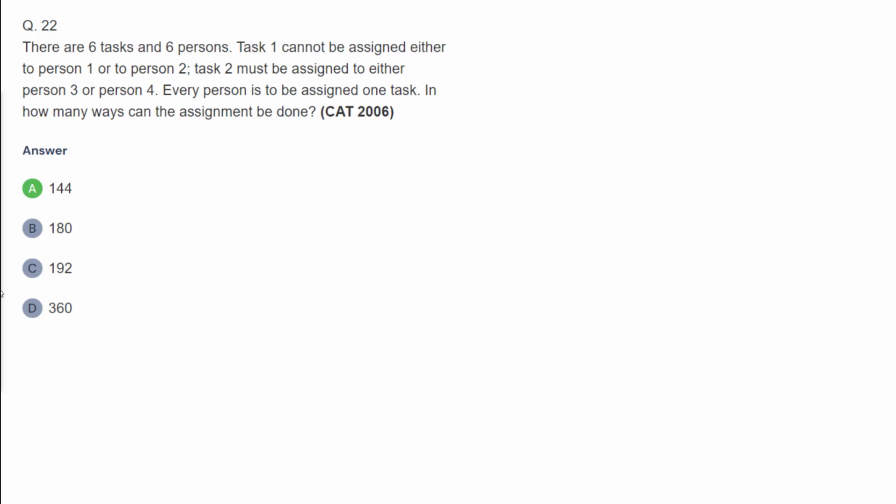So look here. There are 6 tasks, T1, T2, T3, T4, T5 and T6. And there are 6 people, P1, P2, P3, P4, P5 and P6. Task 1 cannot be assigned to person 1 or 2, so person 1 and person 2 will not come over here.